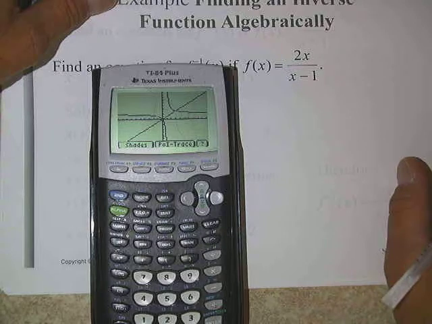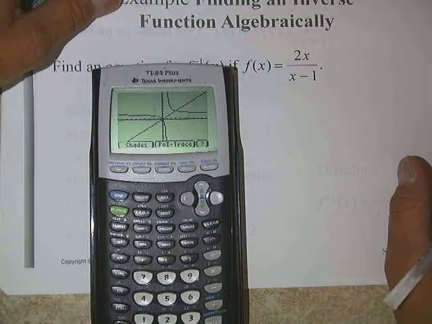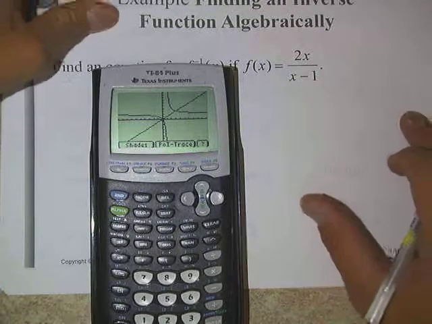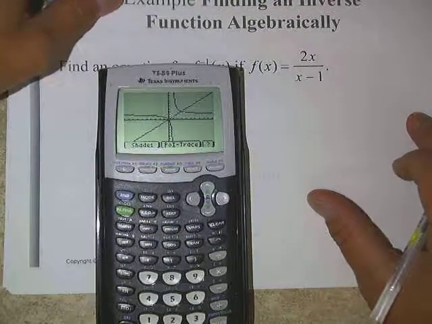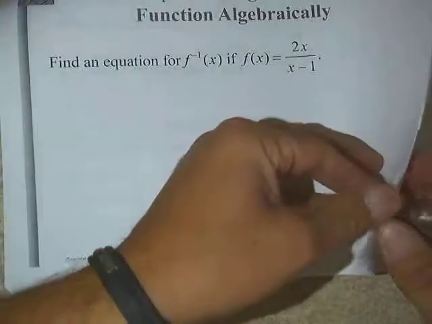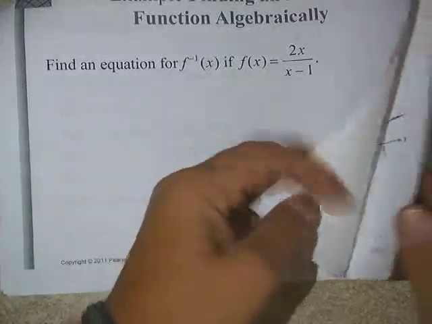You can see that we do have an asymptote there, as we should have expected with the x minus 1 on the bottom. There's our line y equals x, and we want to find the inverse of this equation. Looking at that and trying to think of it as a reflection and come up with an equation for the inverse is virtually impossible.